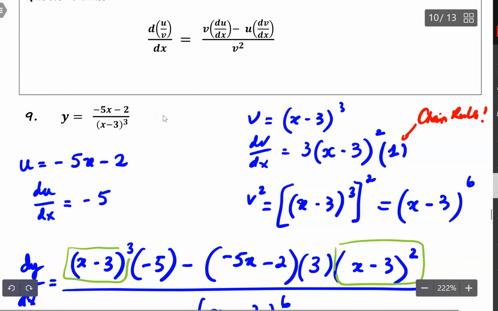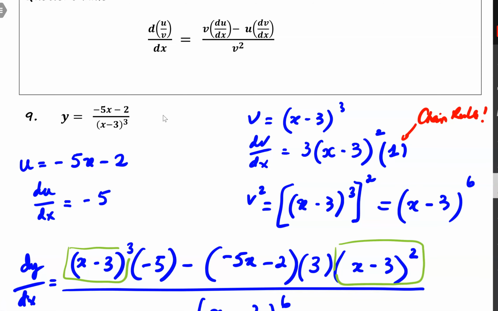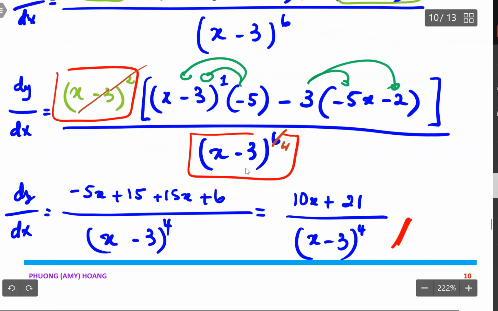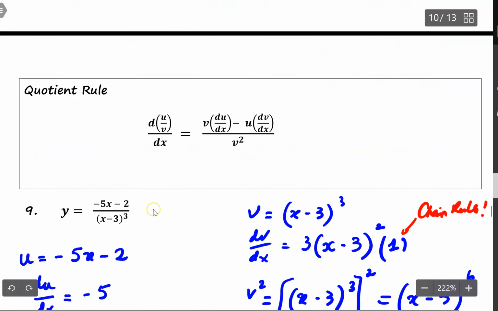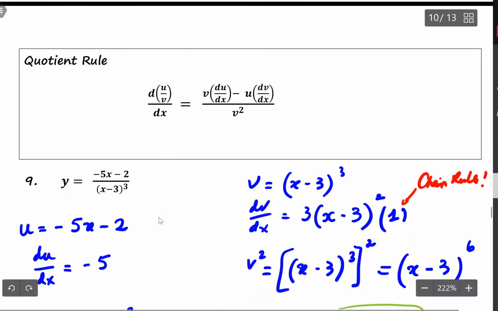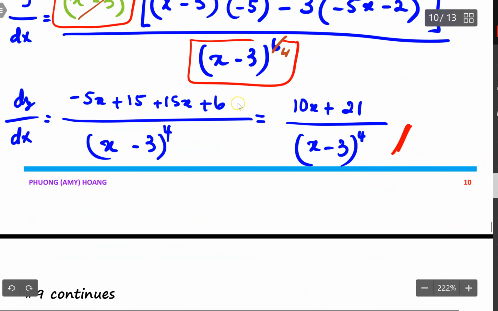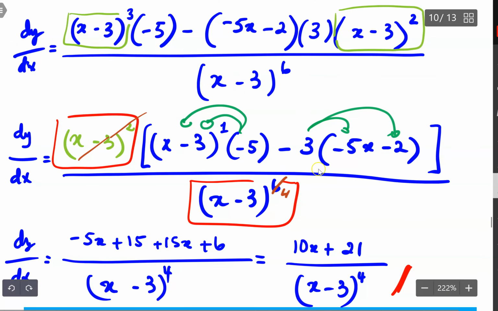And then you can also apply the product rule and try to simplify to this final answer at the end. However, I don't recommend that. If the function is given to you in this form and asks you to use the quotient rule, then using the quotient rule looks tedious and has a lot of detail in these formulas, but at the end, when you simplify your final answer, it's a lot simpler.